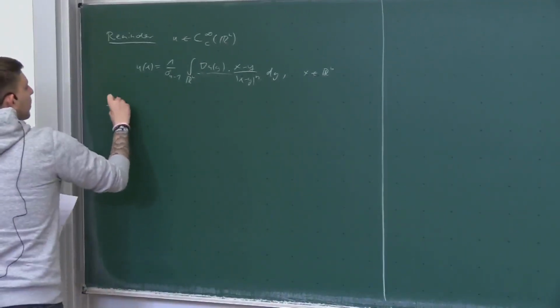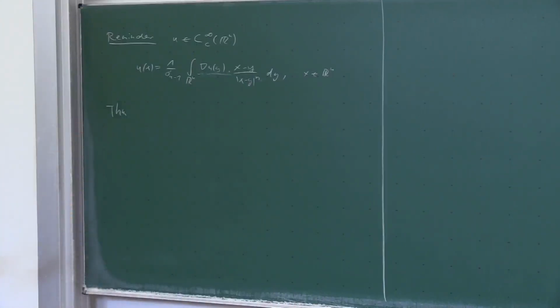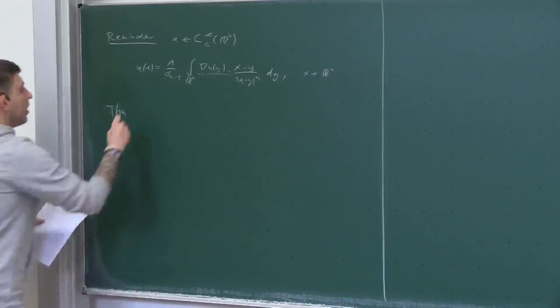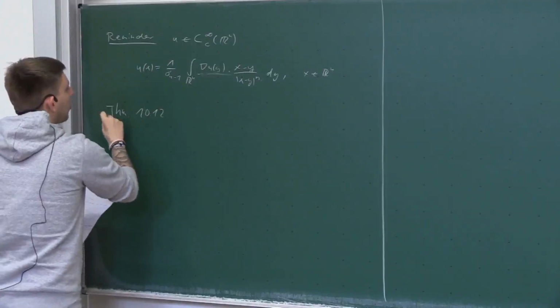So this brings us to the next theorem. This next theorem will be this dense subclass of smooth functions that we can use in a general H^1 space on Ω. This is Theorem 10.12.